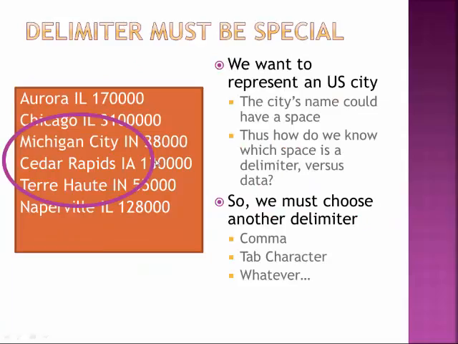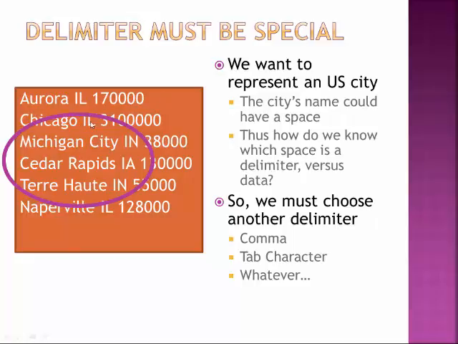One thing we want to be aware of is the delimiter must be a unique special character that cannot exist in the data. So if I was doing cities, and these are all cities I've lived in at different points in time, and it's old because Aurora's over 200,000 now, and April's like 150 or something like that. But anyway, you could see Aurora, city name, space, Illinois, space, the population.